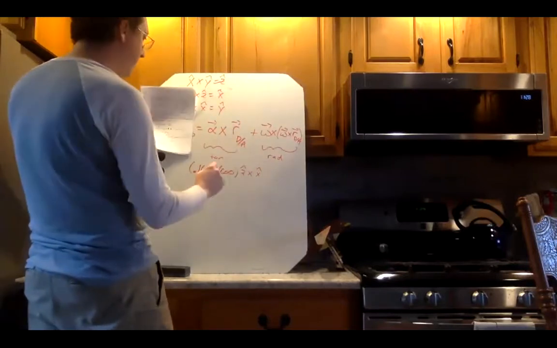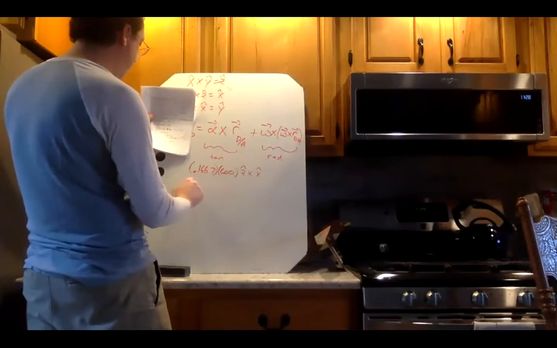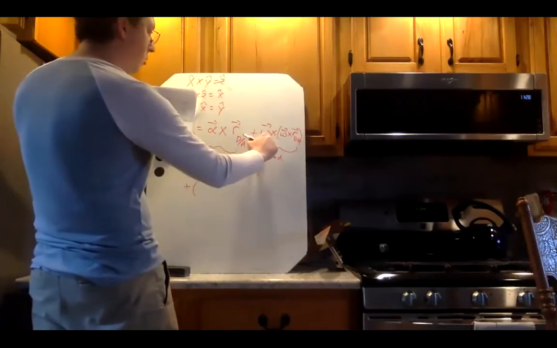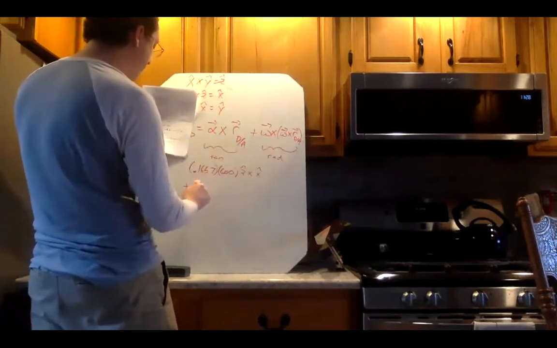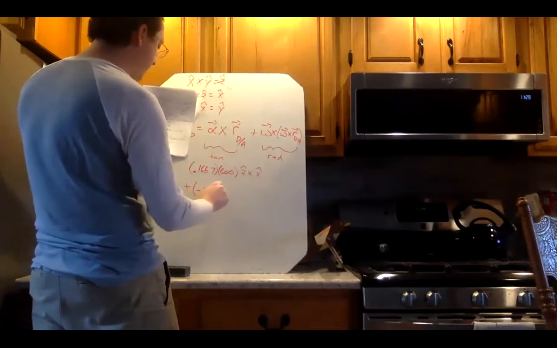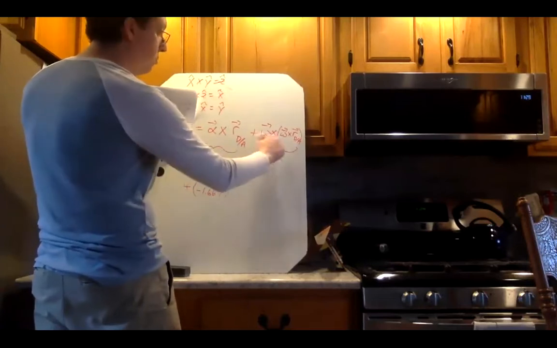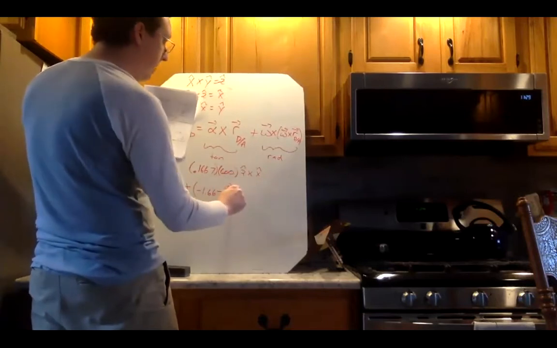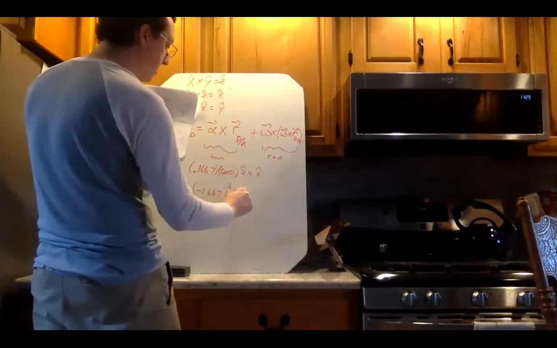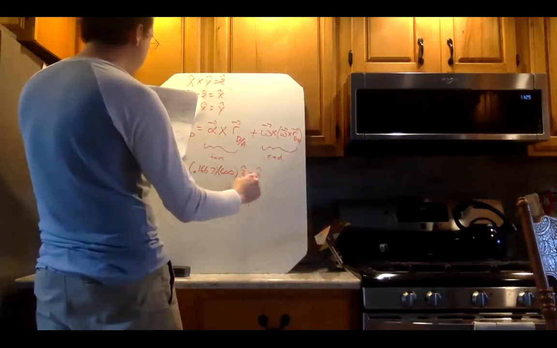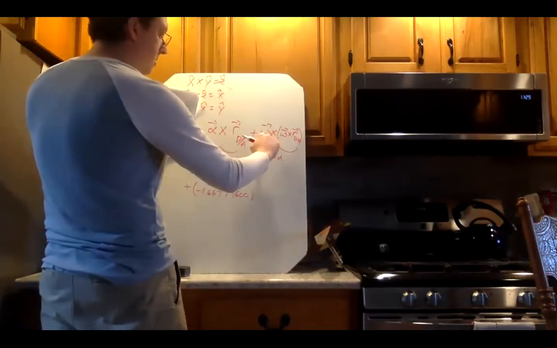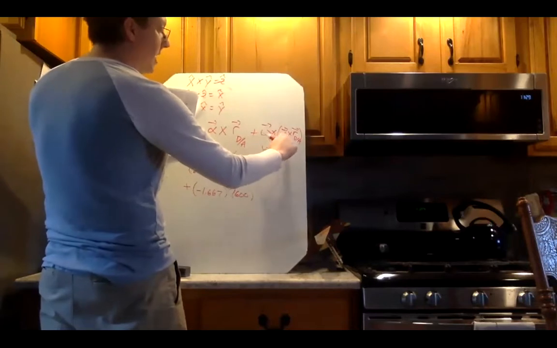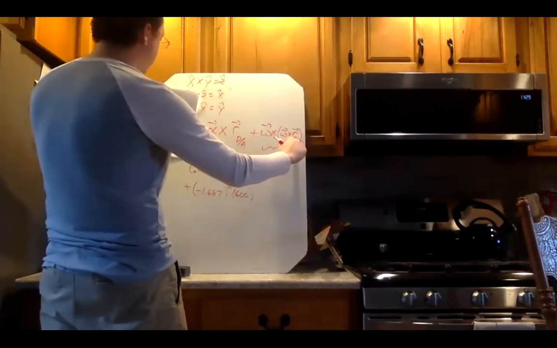And then for the radial part, I get plus omega. Each omega factor gives me negative 1.667. I have two of them, so it's squared. And then I have a radius of 600. And then I have to do z hat cross x hat.